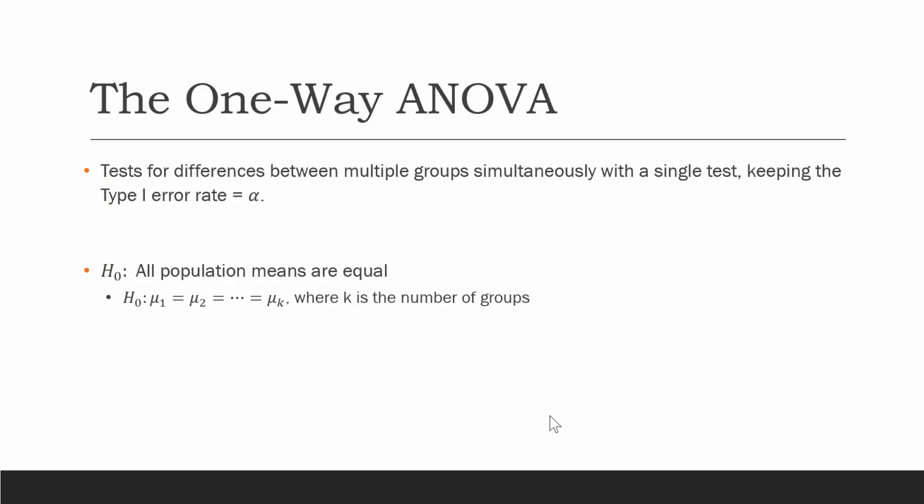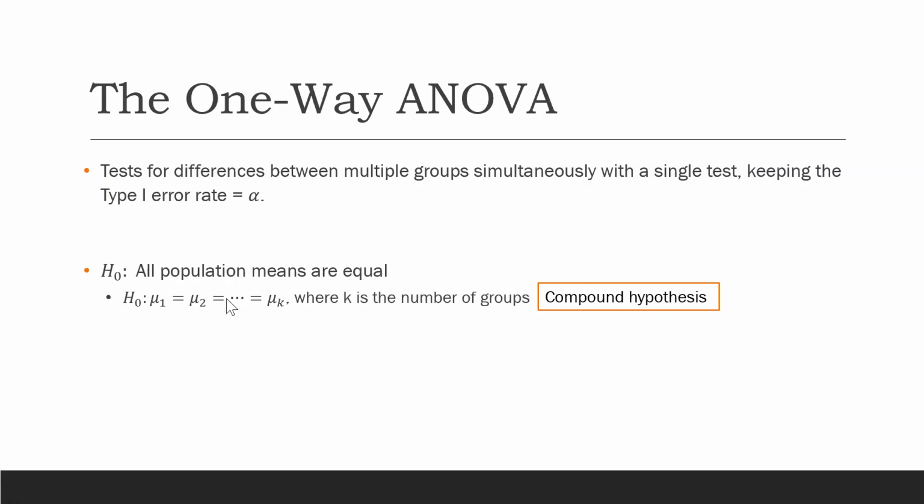Our alternative hypothesis, and actually before I get to my alternative hypothesis, I do want to make a note here. This is a compound hypothesis. We're testing multiple statements here, not just that mu1 equals mu2, but also that mu2 equals mu3 and mu1 equals mu3, and so on and so forth, right?